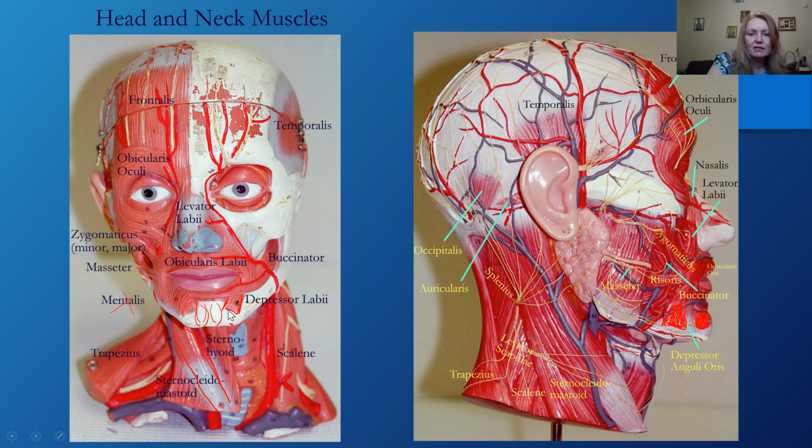Because you do have depressor labii that depresses your lower lip, and you have depressor anguli oris that depresses just the corners of your lips. And what your mentalis does is elevate your chin, so it goes up.